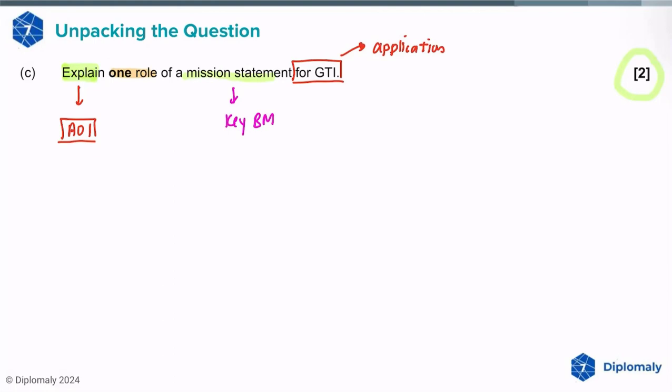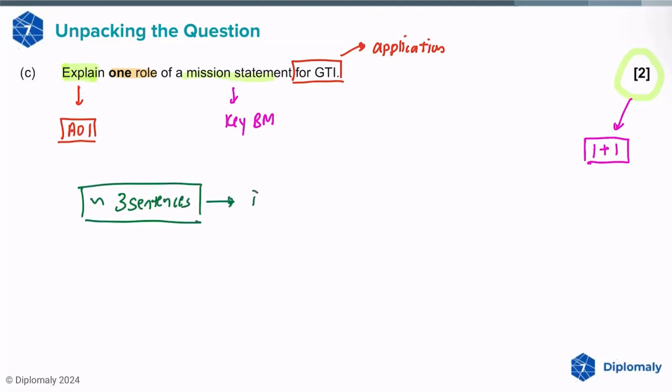Okay. And because this is a 2-mark question, you are marked as 1+1. And because it is a question that asks you to demonstrate application skill, I would recommend that you write 3 sentences for this response. Okay, so your first sentence is going to talk about the role or identify the role.